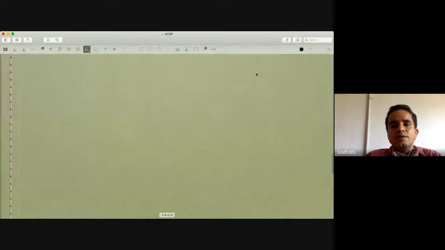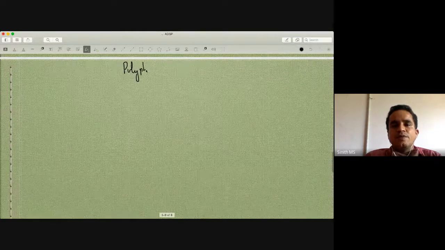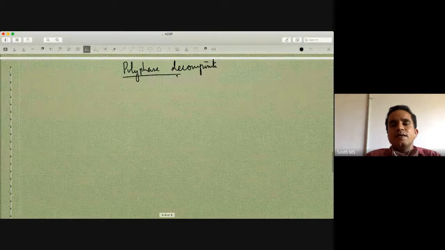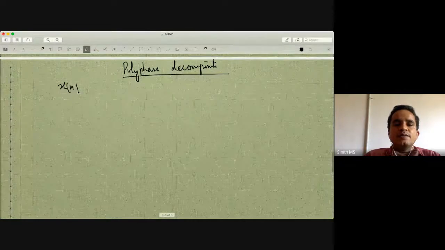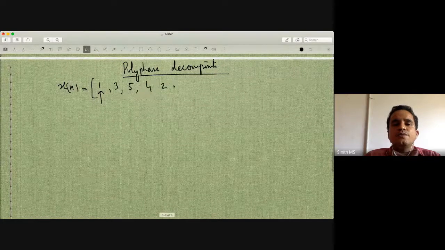Now we'll see what polyphase decomposition is. Basically, suppose you have x[n] as 1, 3, 5, 4, 2, 3, 9.